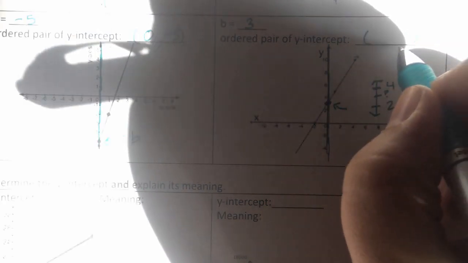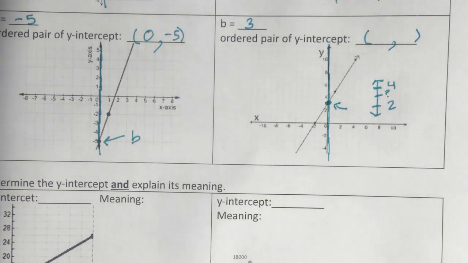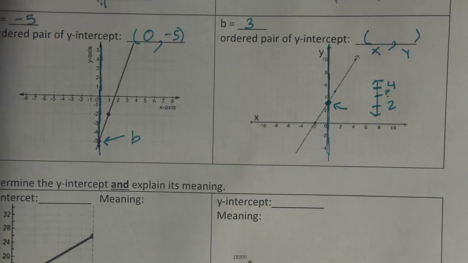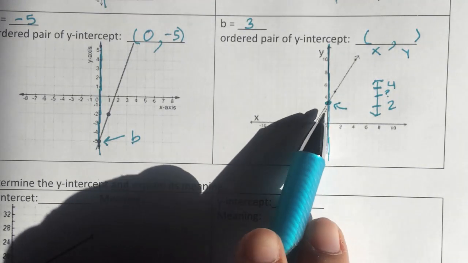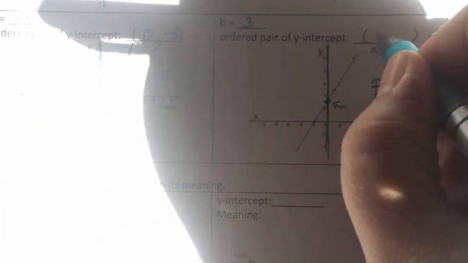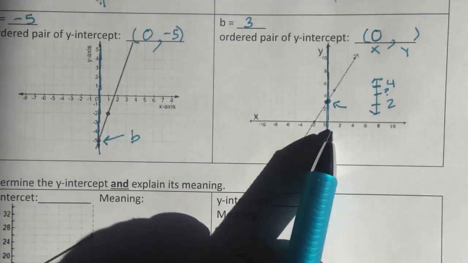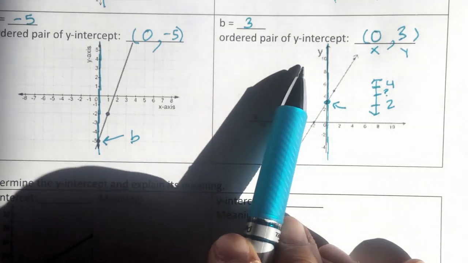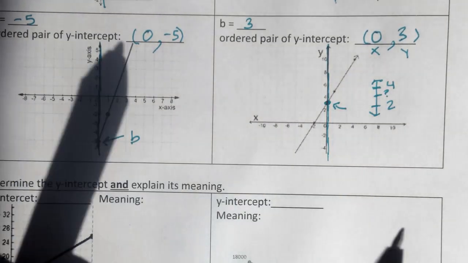So for the ordered pair of that y-intercept, I need parentheses on the outside and then a comma to separate the x value and the y value. The x value of this point is 0. I just looked at the x number line for that. The y value of that point is 3. So the ordered pair of the y-intercept 3 is 0, 3.